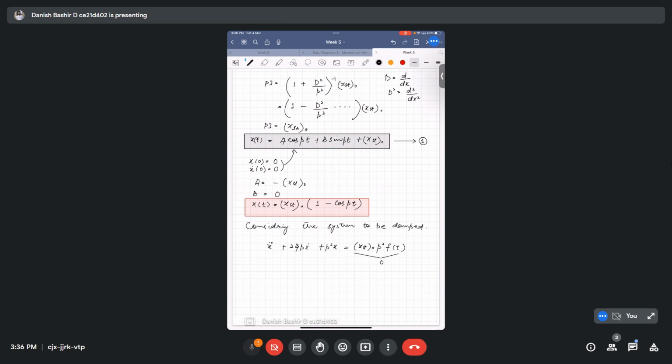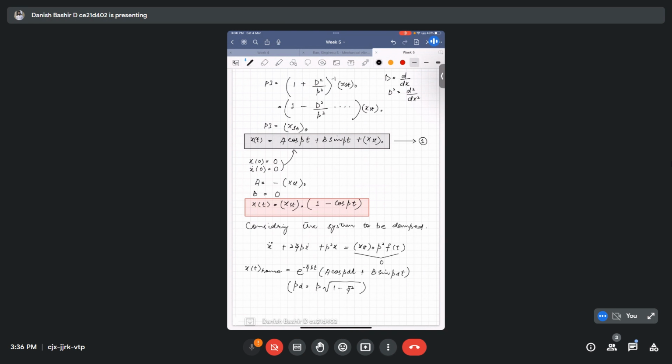For free damped vibrations, the homogeneous solution x of t would be e to the power minus theta pt times a cos pdt plus b sin pdt, where pd is the damped frequency of our system. pd is equal to natural frequency times root under 1 minus theta square. Theta is the damping ratio in our system. This you have to note down.